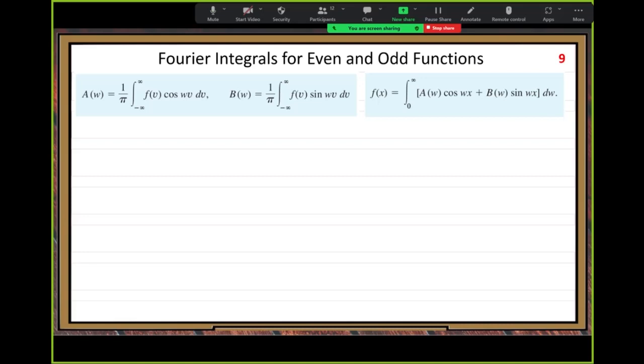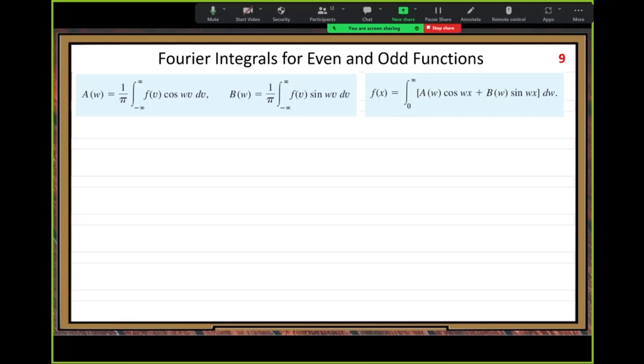Now this is the f of x we used here. It's a general f of x. We do not require any symmetry, even or odd, so we do not assume that. For any general f, this is the definition of the Fourier integral: how to calculate the capital A function and the capital B function. These are the two formulas, but for the general case.